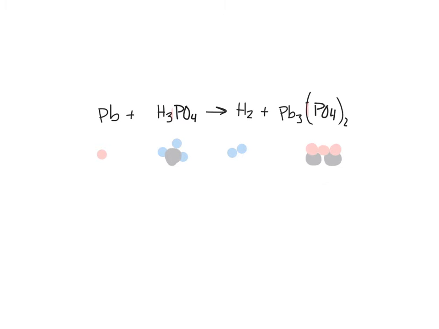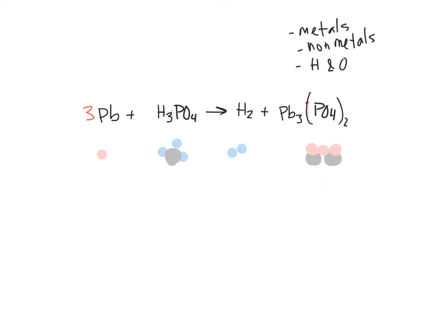So the first thing you want to do is balance the metals. In this case though, our metal is all by itself, which means it's super easy to balance. We can save that till the end, or you could add a 3 now, it doesn't really matter. We might end up having to change that 3.